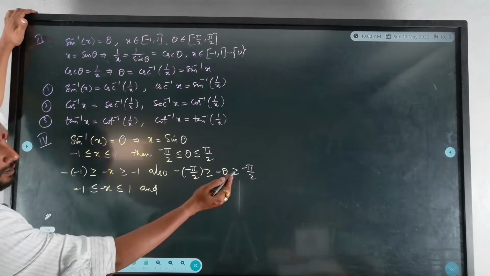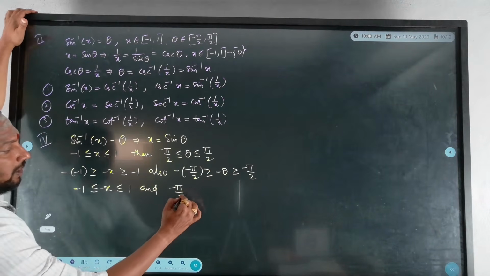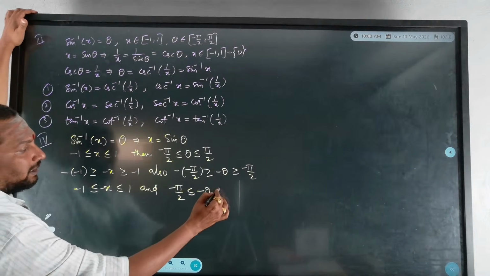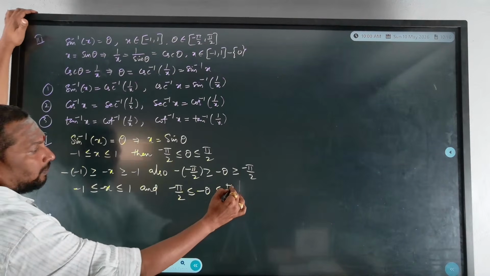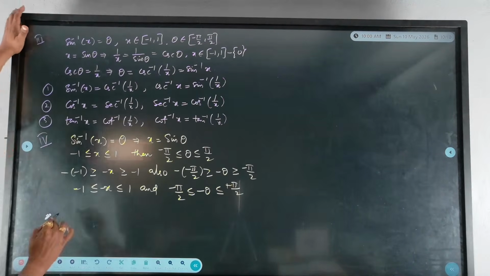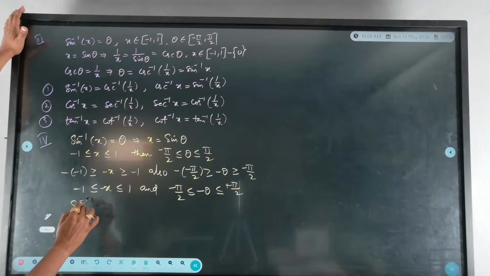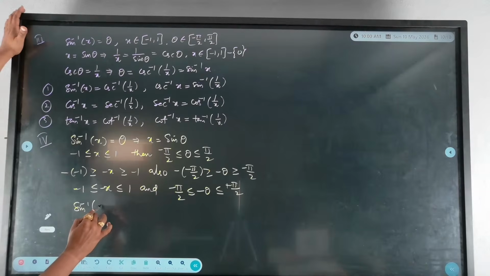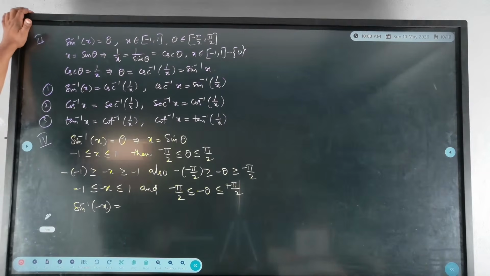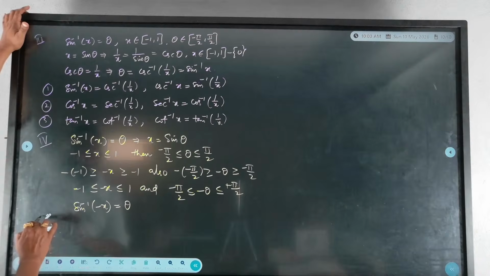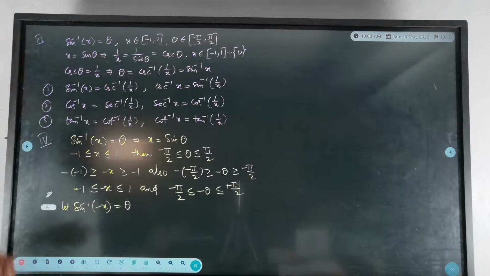So if we observe sine inverse of minus x, sine inverse of minus x is equal to theta.